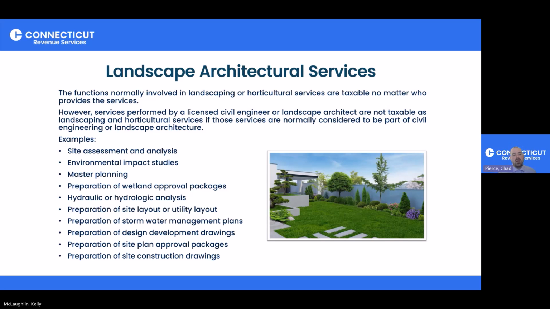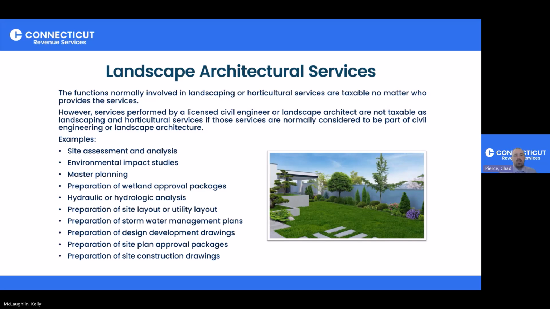Some examples are site assessment and analysis, environmental impact studies, master planning, preparation of wetland approval packages, hydraulic analysis, preparation of site layout or utility layout, preparation of storm water management plans, preparation of design development drawings, preparation of site plan approval packages, and preparation of site construction drawings.